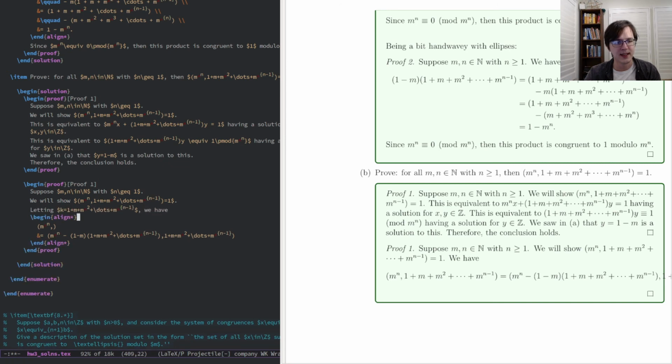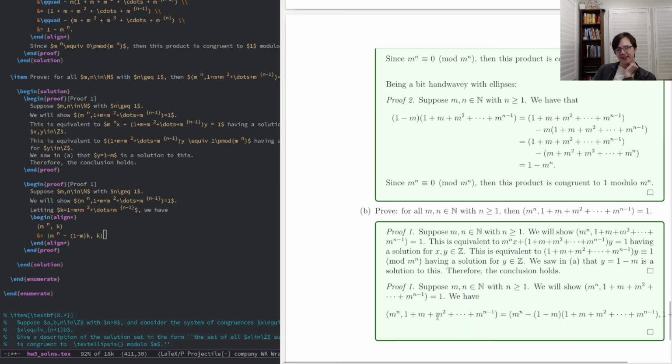we have that this is k. Is this what I want to do? Because, okay, what's the idea? This times 1 minus m is 1 mod that.